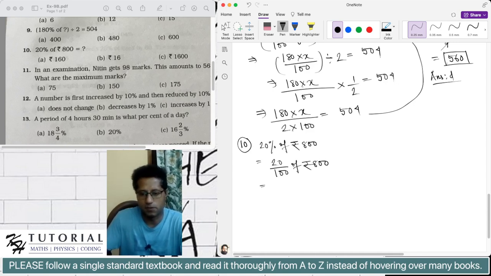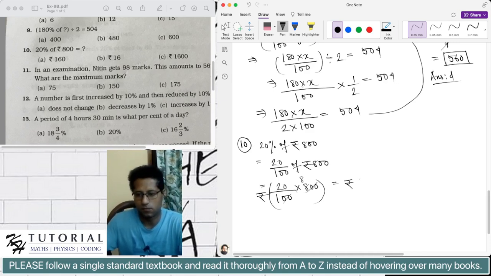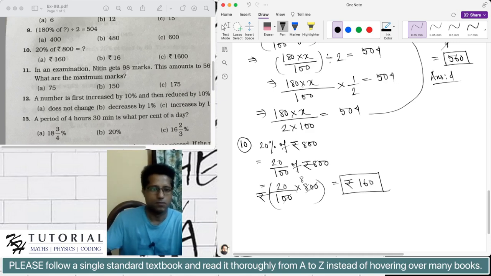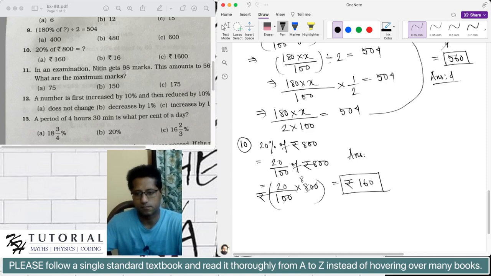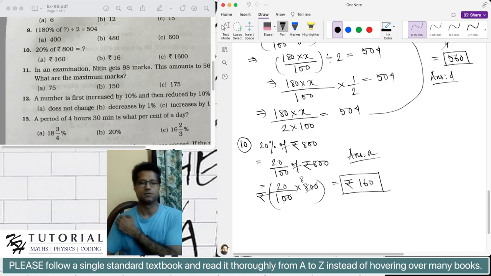Now the "of" operator means multiplication. So this becomes rupees 20 by 100 multiplied by 800. After simplification, 100 divides 800 with 8. This is 160. So the correct choice is A. The correct choice is A.